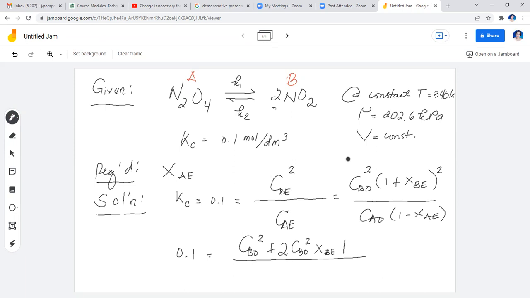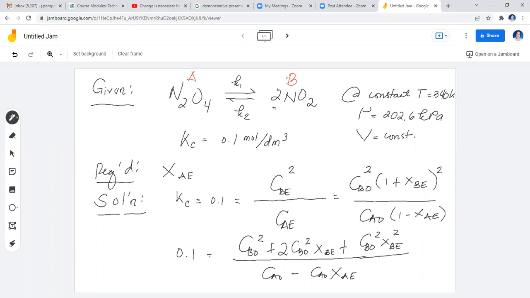Now, the last term will be the square of this multiplied to this, so I can write it as CBO squared XBE squared. The denominator is CAO minus CAO XAE.